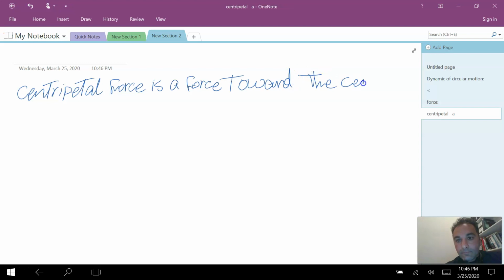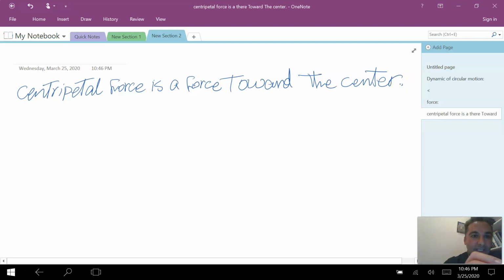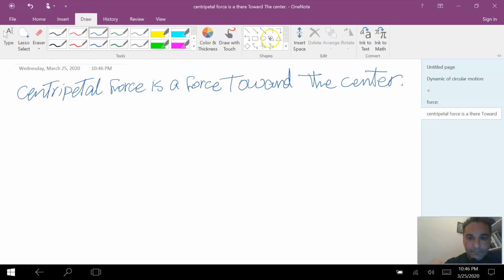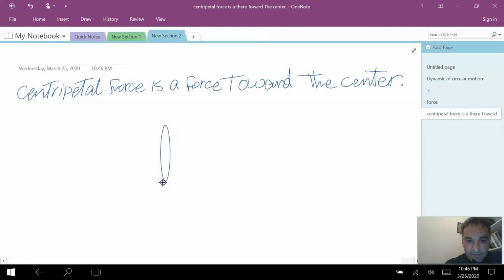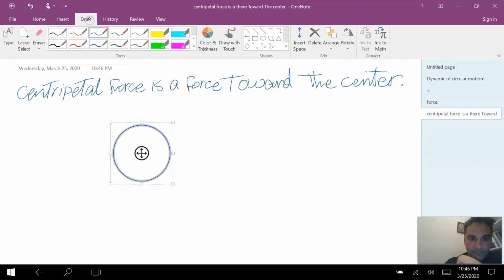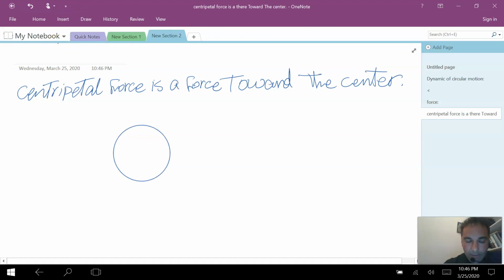Center of circle. Therefore, what can I say, guys? If I say this is the circle, all right? As the object rotates around the center, it has Vt.